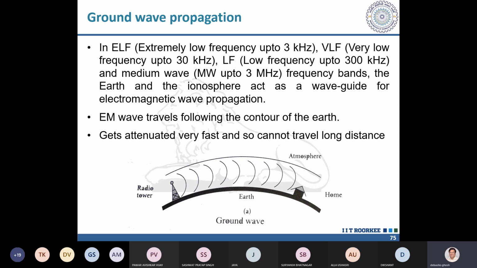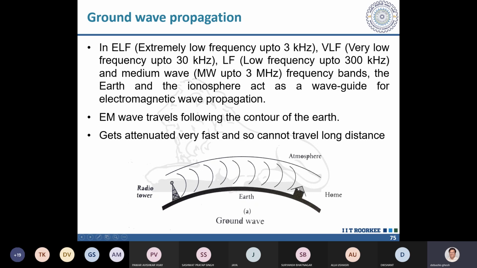So it is as if the ionosphere and the earth form a parallel plate waveguide, and the ground waves propagate between these two. Here is the ionosphere, here is the earth, and the ground wave gets propagated like this.